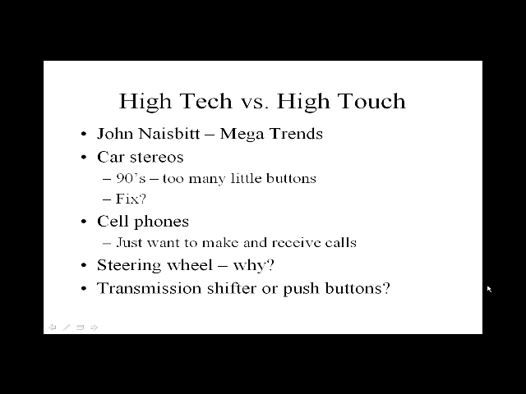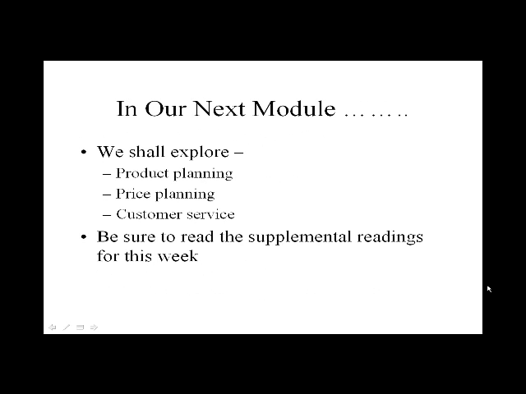But again, we've gotten used to this high touch aspect, and people want that. Transmissions. Chrysler in the late 50s, early 60s came out with push-button transmissions. Colossal failure. People still like the shifter, even though, again, it doesn't physically move any gears, doesn't physically shift any rods. People like the high touch.